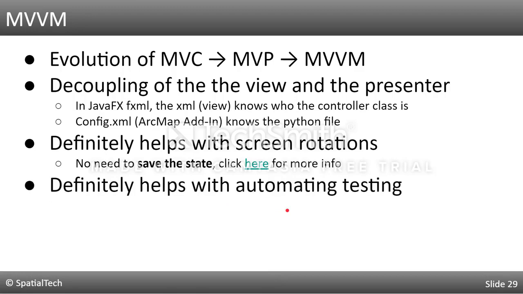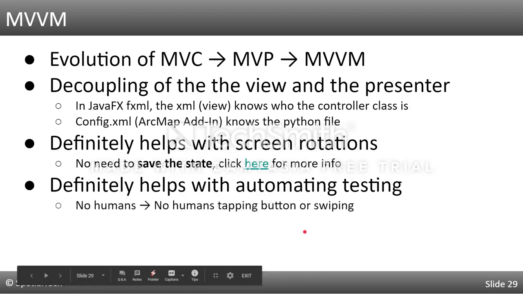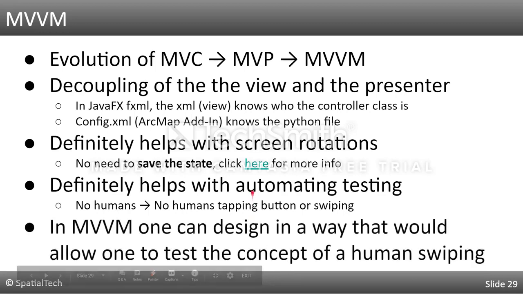Definitely another side effect is that ability to swap out views on the fly, whether it's a screen rotation or otherwise. You can also swap out from human testing to computer testing. So it definitely allows for unit testing, which is a big thing for MVP and MVVM. No humans tapping a button or swiping.